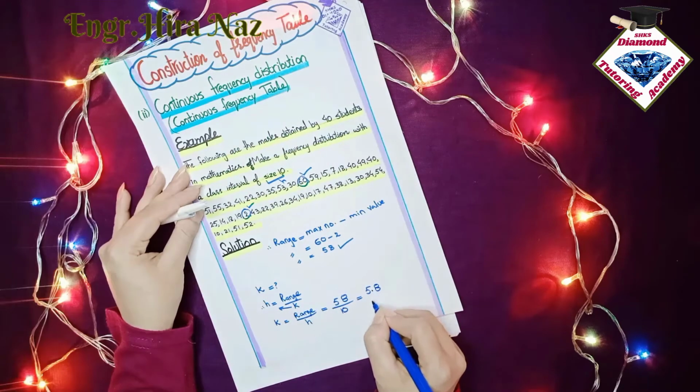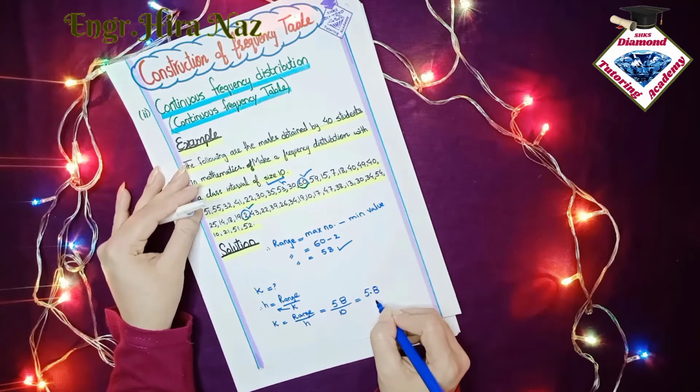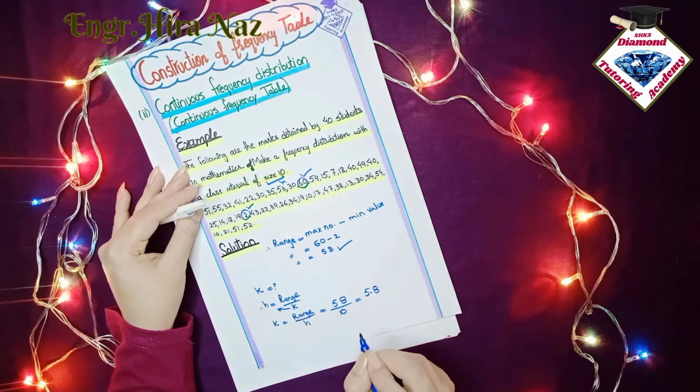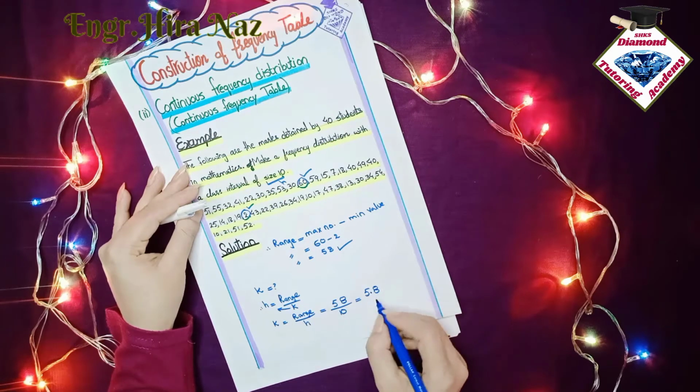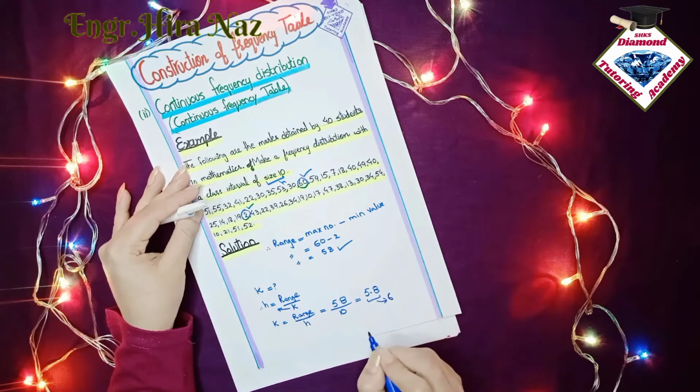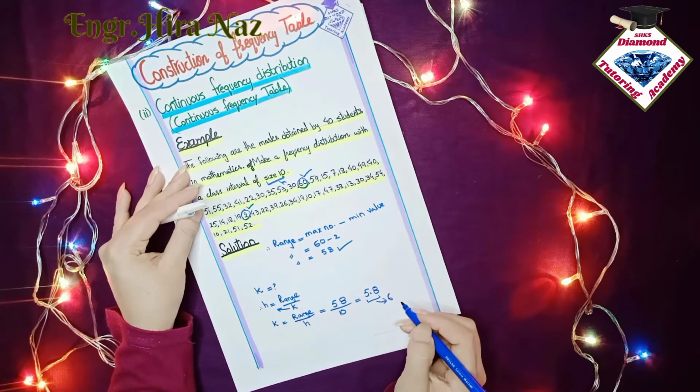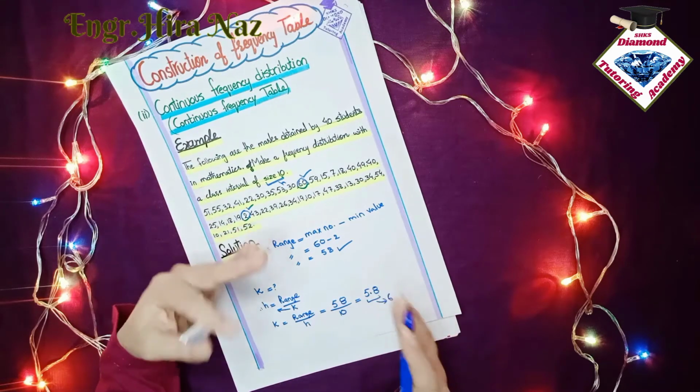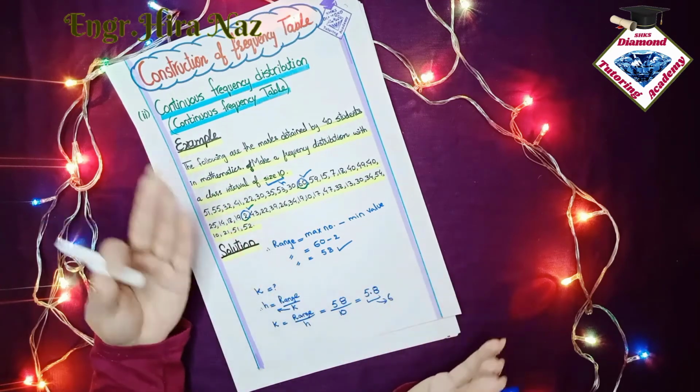So we will have 5.8. One more thing is important here: the rule of approximation is valid, which means we can round off to approximate digits, so we can call it 6. So we can make 6 groups or roughly 6, 7 or 8.